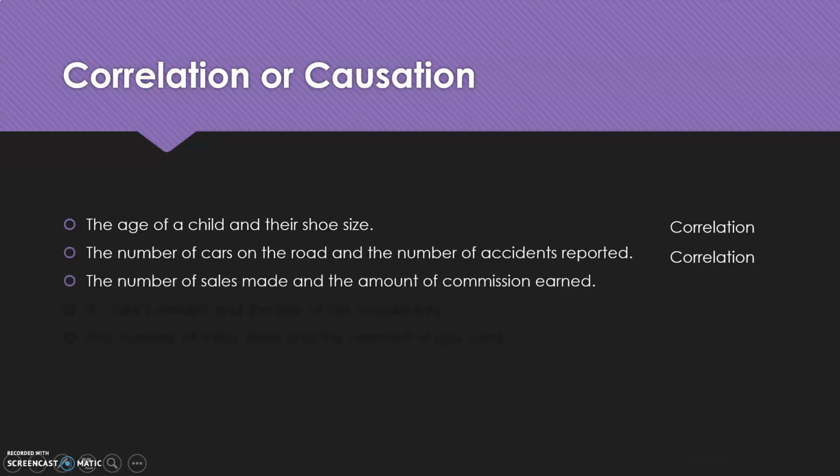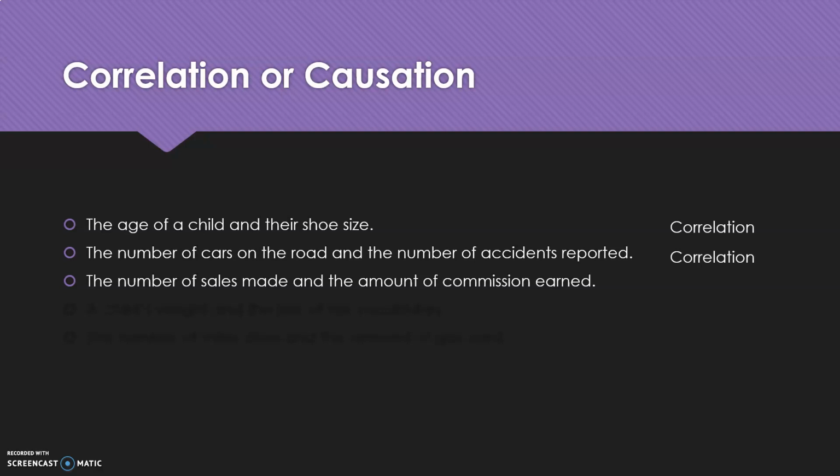All right, the next one, the number of sales made and the amount of commission earned. Think about that. A lot of y'all might ask, what's commission? If you go into a store, people may come up to you, hi, my name is so-and-so, can I help you? And when you check out, they ask, did someone help you today? That's commission.